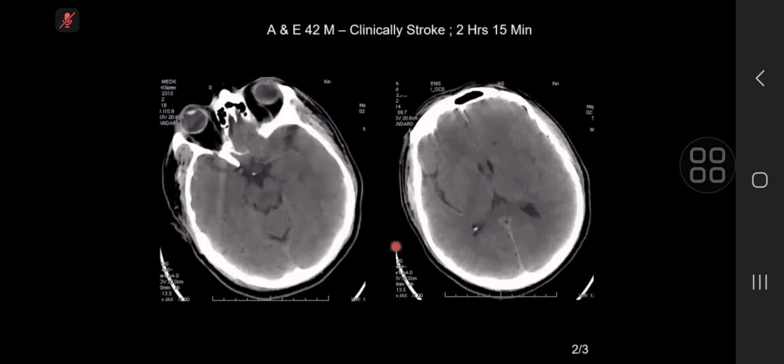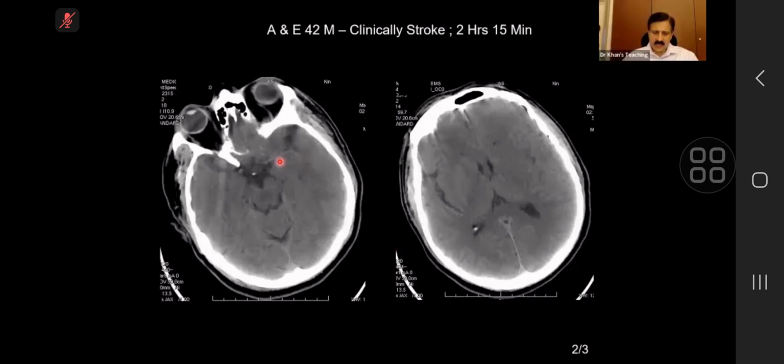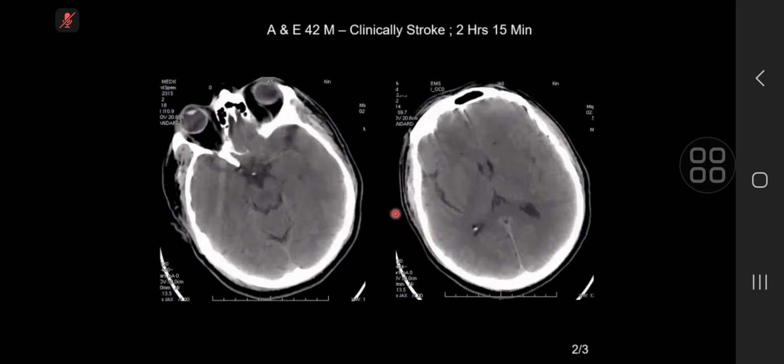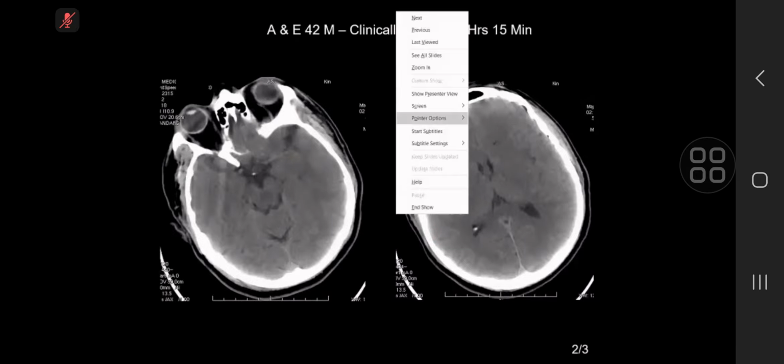I don't see any current changes as yet, but I will look through the rest of the imaging to look for that. So hyperdense MCA you have picked up. Did you pick up anything in the basal ganglia? So yeah, in the right hand image, there is obscuration of the insular cortex, which is in keeping with a left MCA infarct as well, an earlier left MCA infarct.